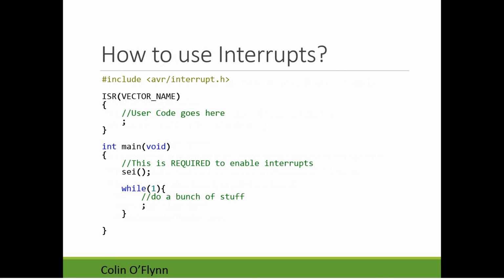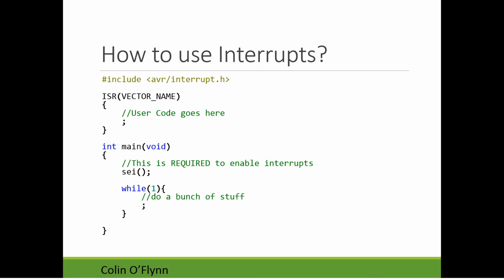Very briefly, how you use interrupts: you have to include avr/interrupt.h. We then have this interrupt service routine macro, ISR, which has the vector name. The vector name is the name of the interrupt. So the interrupt will be like, did I get a new data byte on the serial port? And that'll have a different name than, did my timer overflow.